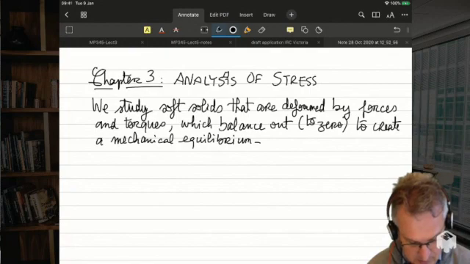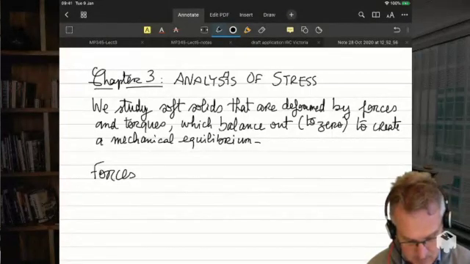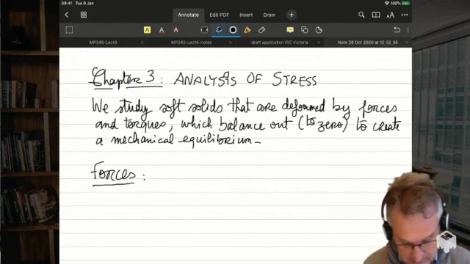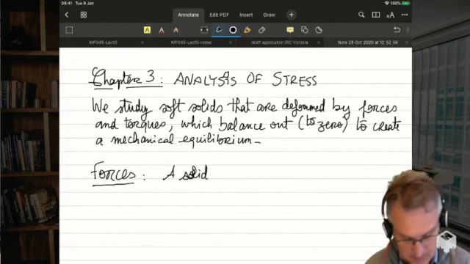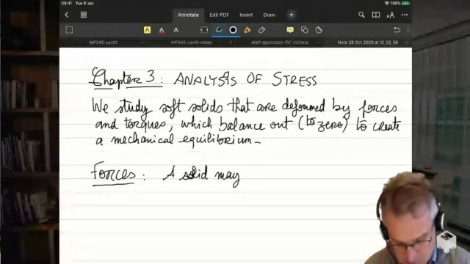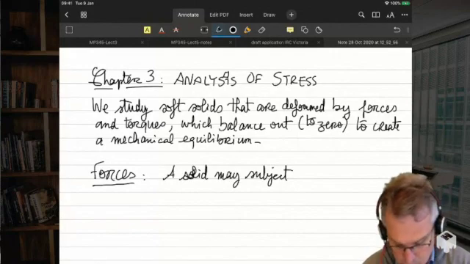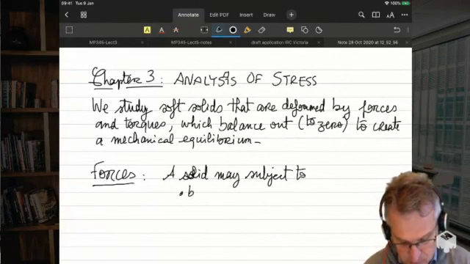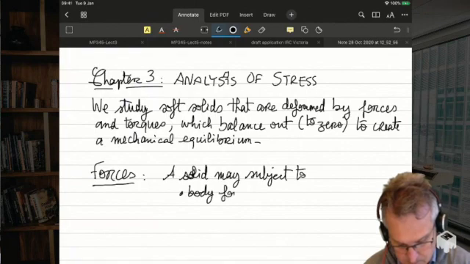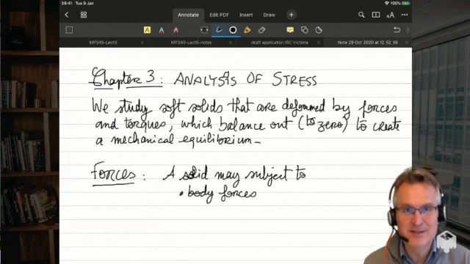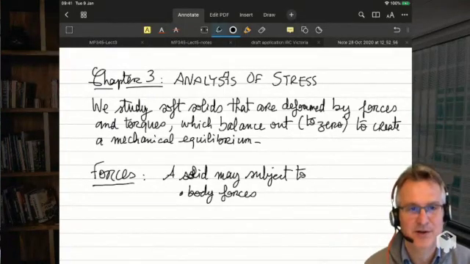So we're going to start with forces. And we're just going to consider two types of forces. You can classify forces in two categories. The first type is called body forces. What's meant by that is forces that are applied inside, in a way, inside the body, right?